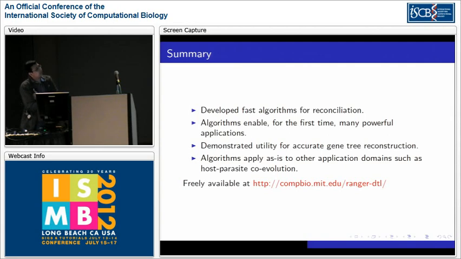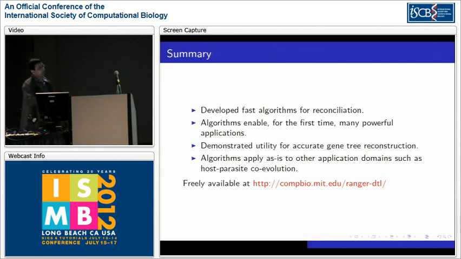To summarize, we developed very fast algorithms for the reconciliation problem with duplication, transfer, and loss. These algorithms enable, for the very first time, all the very powerful applications that have traditionally been used only in eukaryotic systems. We've also demonstrated the utility of our algorithms for accurate gene tree reconstruction.